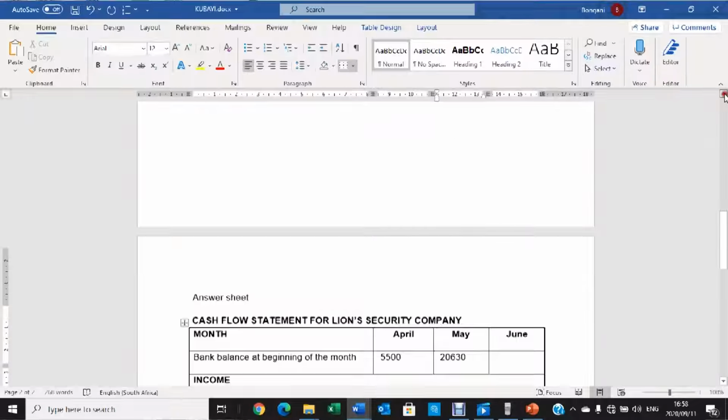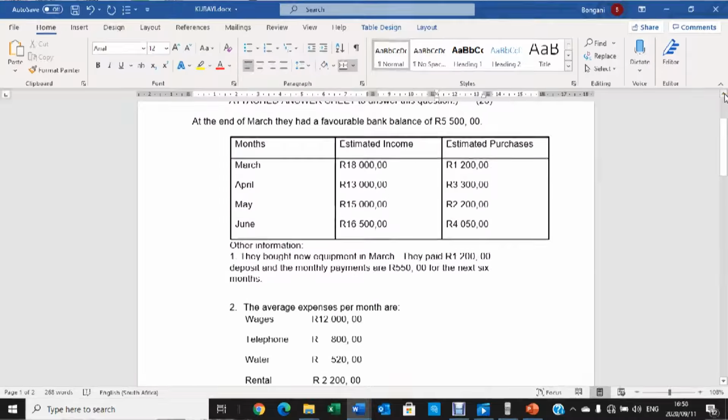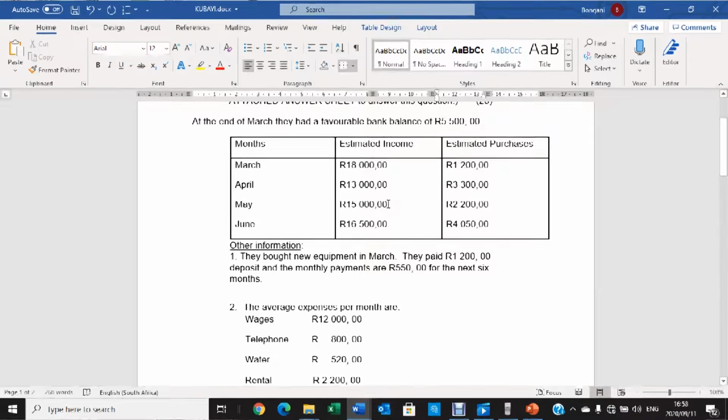Then let's go back and see how much it is estimated to be received in May. In May, they are estimating that 15,000 it is going to be received. However, 75% of this 15,000 it is cash.